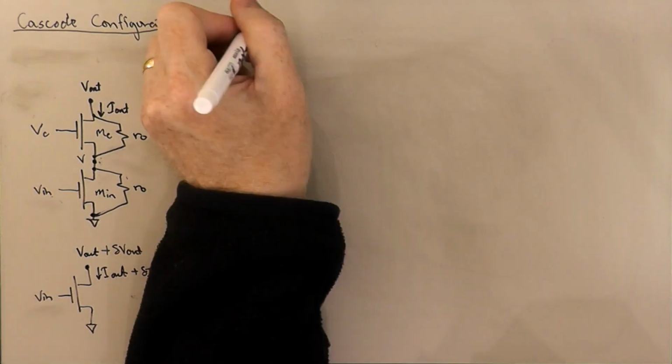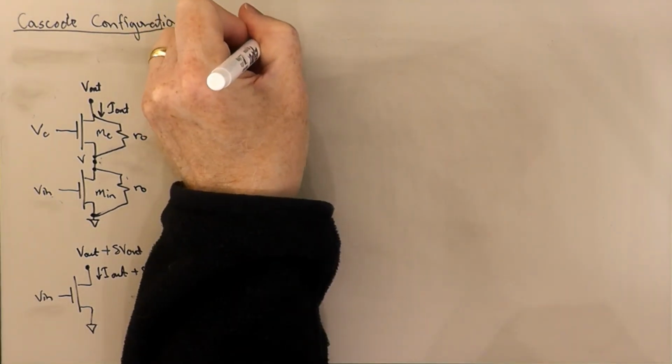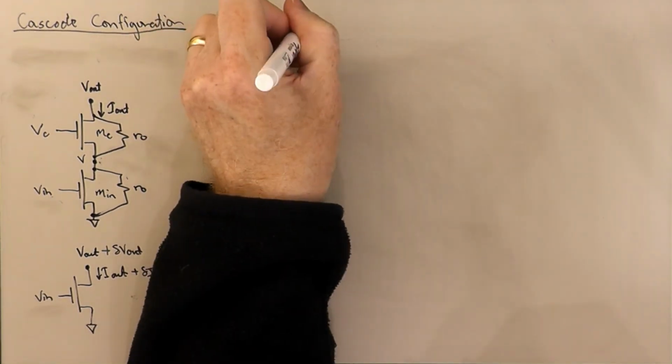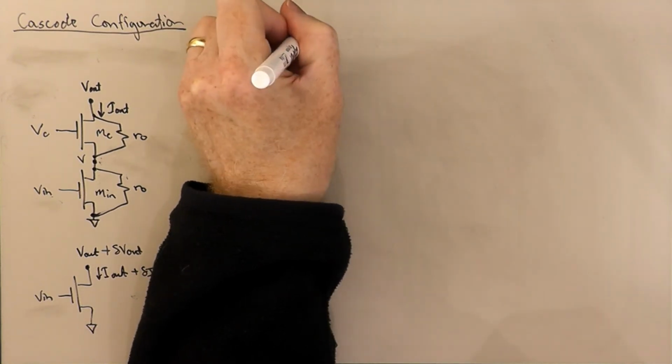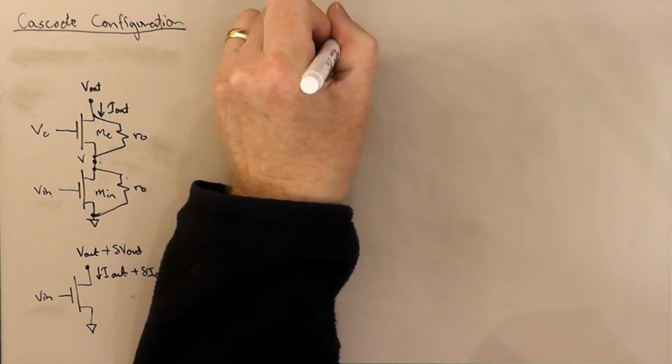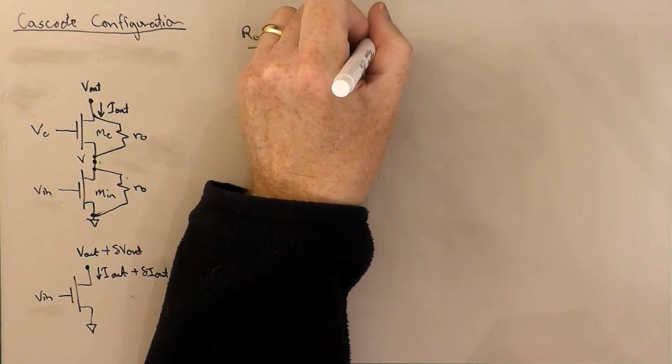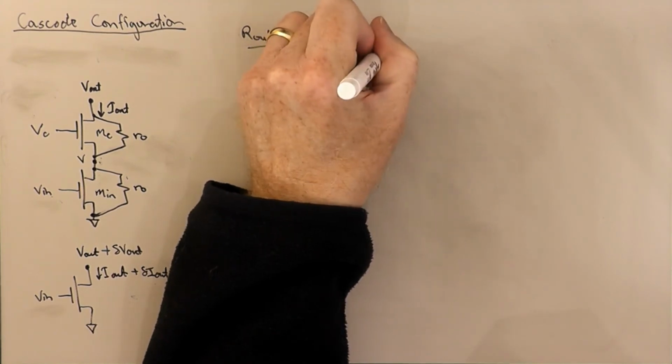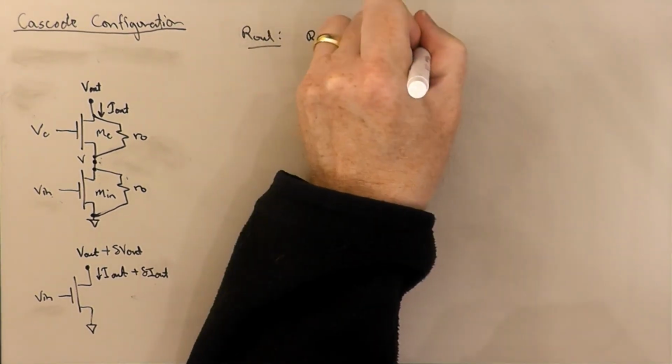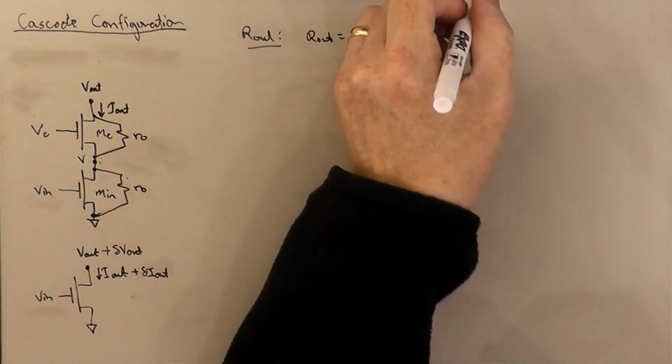And for the baseline, R out is basically just the early effect resistance, delta V out over delta I out. It's just the little RO. So this is the baseline.